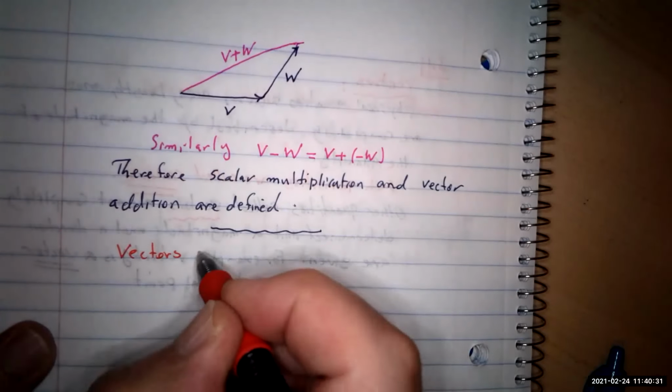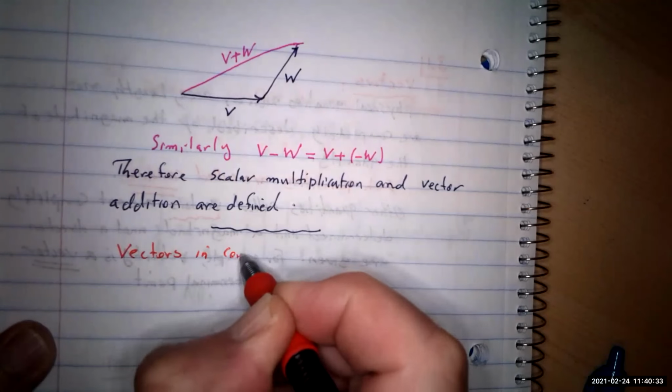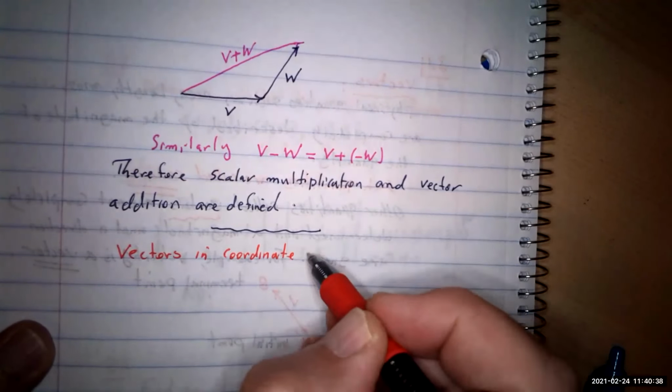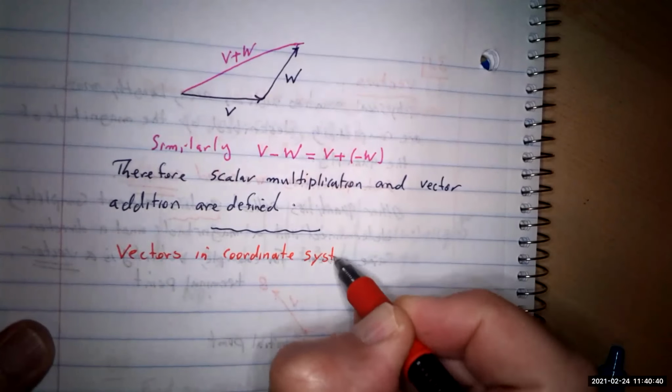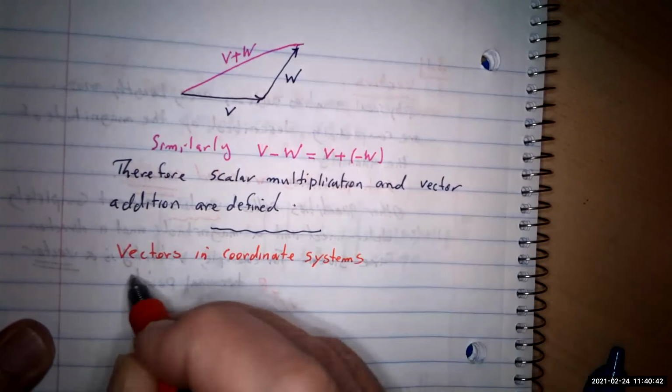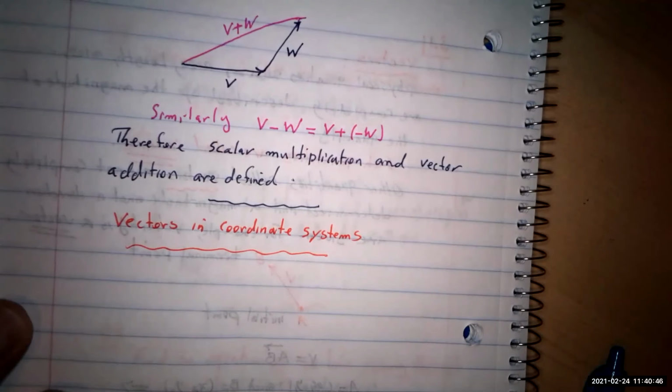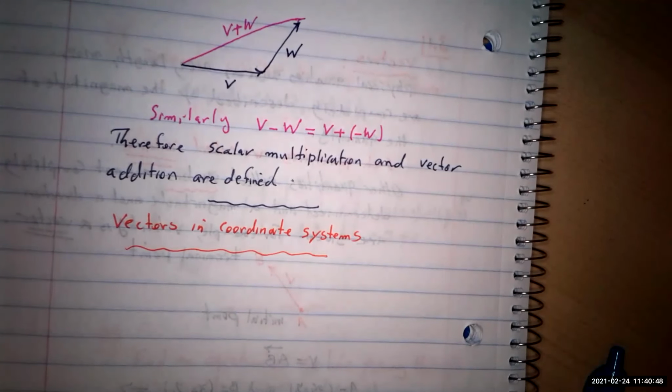Vectors in coordinate systems. The coordinate system is going to be two-dimensional, R2, or three-dimensional, R3. We can write it in R2 and R3 and then continue.